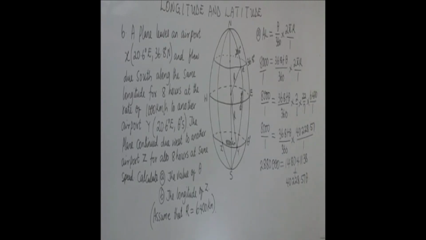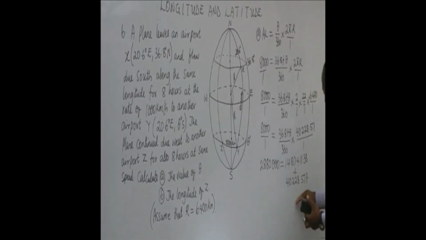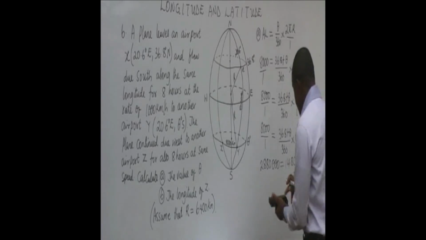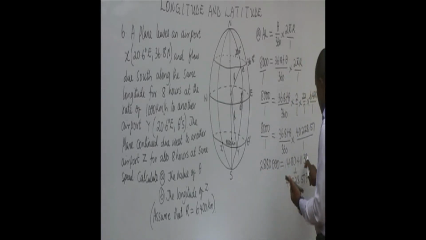So what I'm going to do now is we are going to take this one. Remember, I was supposed to write this here, but because of space, it cannot enter here. So I'm going to take this and subtract it from what you have on the left hand side, and we are left with only this on the right hand side. So what I want to have is 2,880,000 minus this figure.